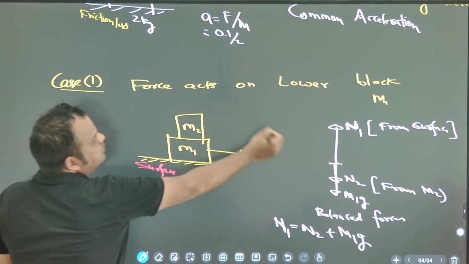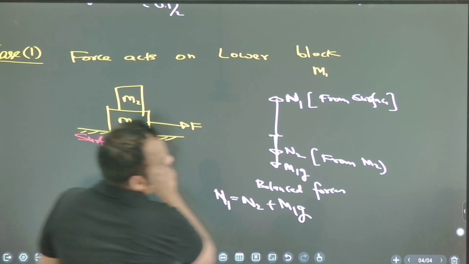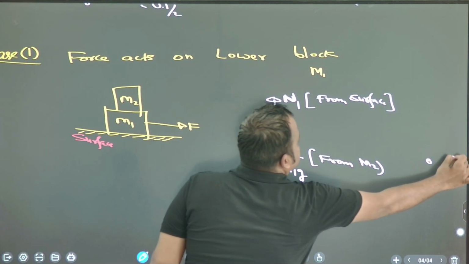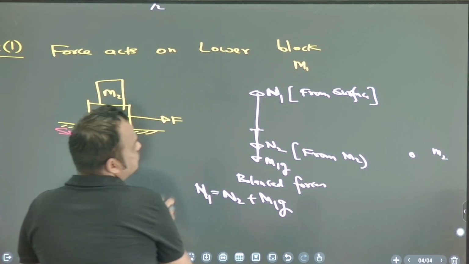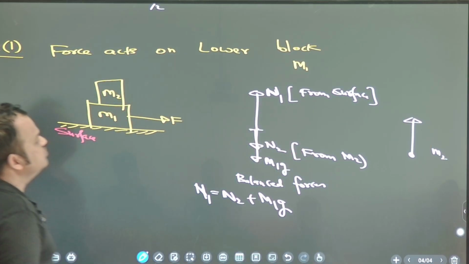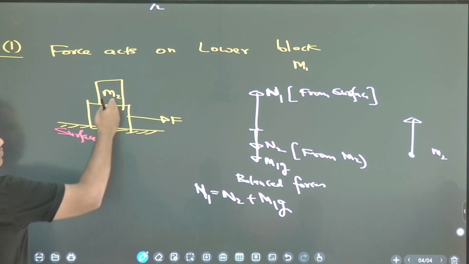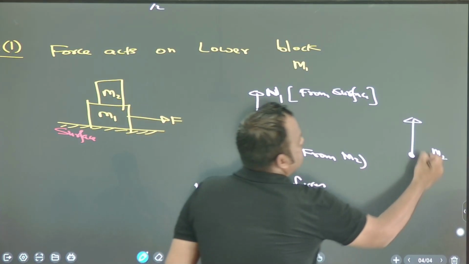And for M2, tell me what is the upward force? What is the upward force for M2? Normal from M1. So that is N2.